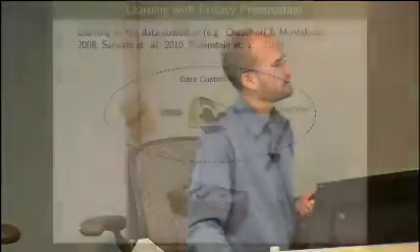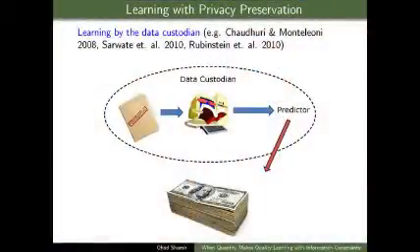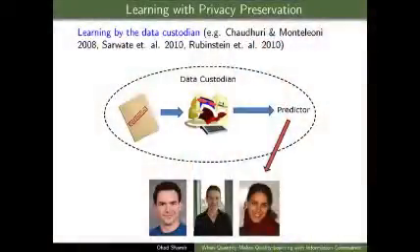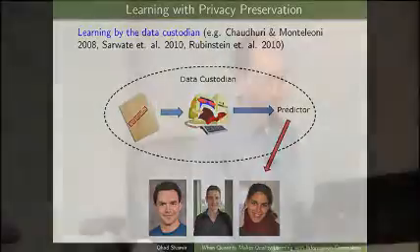And it was shown that it's possible to learn linear predictors, including kernels, and I'll discuss later on what I mean by that, again with strong privacy-preserving properties, but again you also have similar disadvantages to the previous setting. So the data custodian has to implement a non-trivial algorithm, and you still have this problem that eventually the data will be burned out and you won't be able to use it ever again.